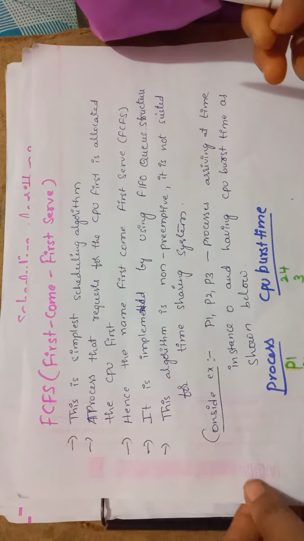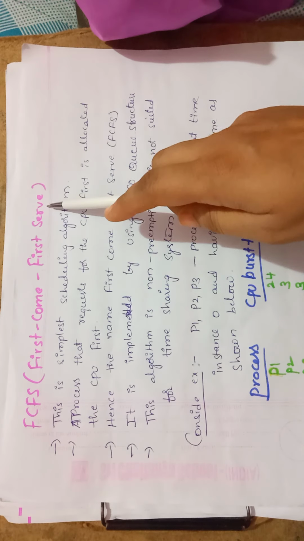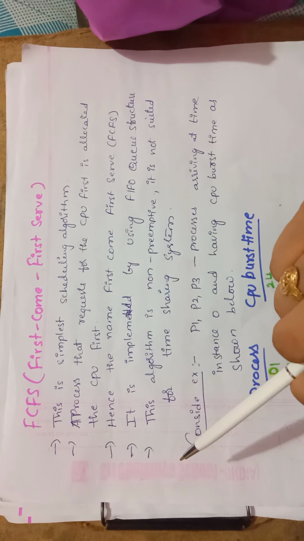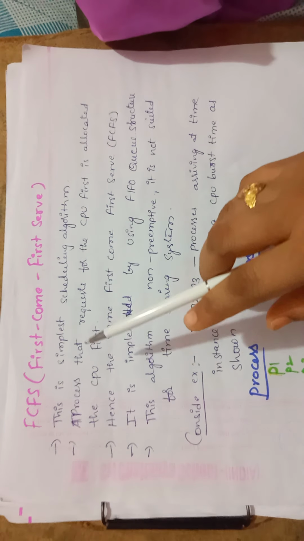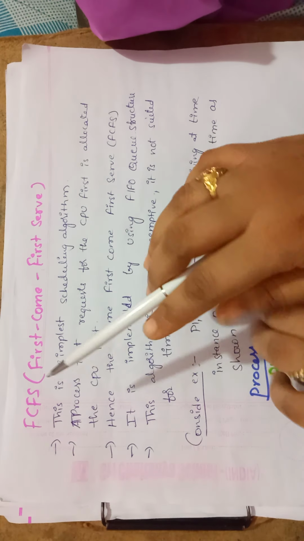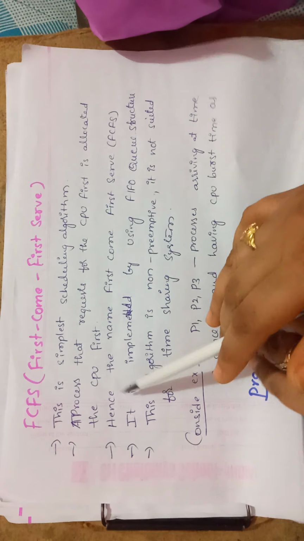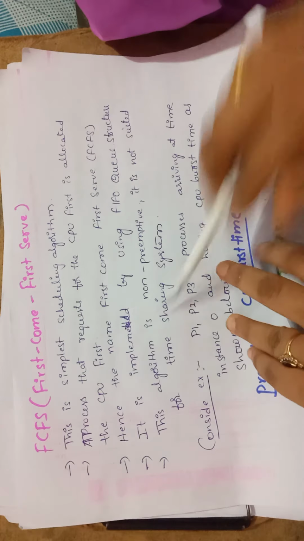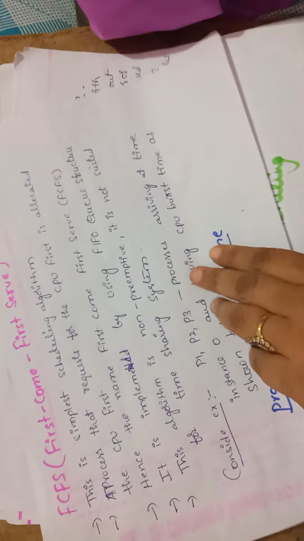Now we'll discuss the first come first serve scheduling algorithm. This is the simplest scheduling algorithm, and here the process that requests the CPU first is allocated the CPU first. Means whichever process comes for execution first, that process is going to be executed first.